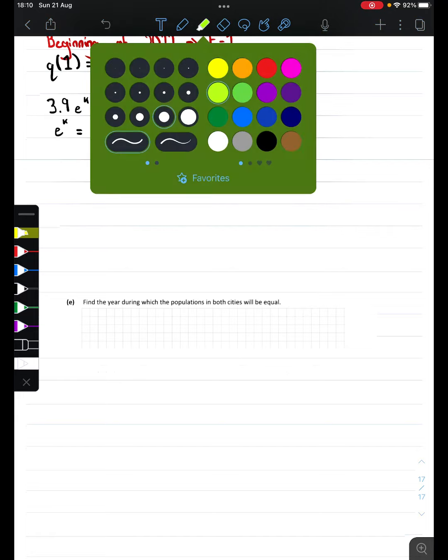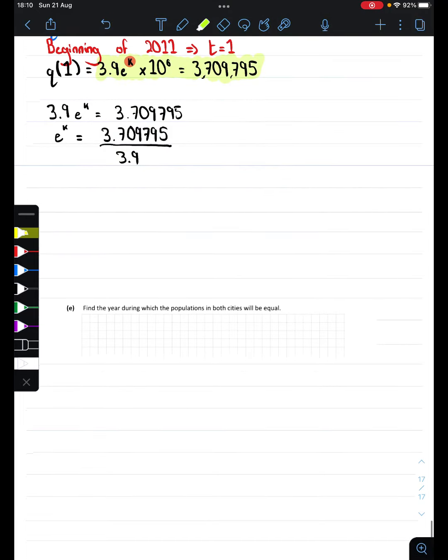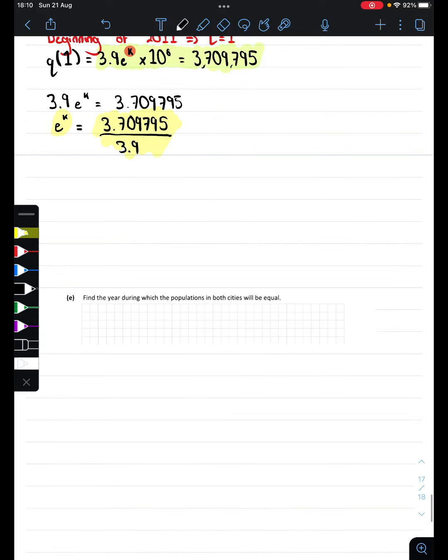So we're now solving for k. We have this equation here, e to the power of something equals this fraction here. And so this equation is in and of itself a question.